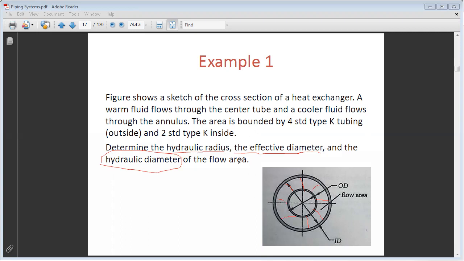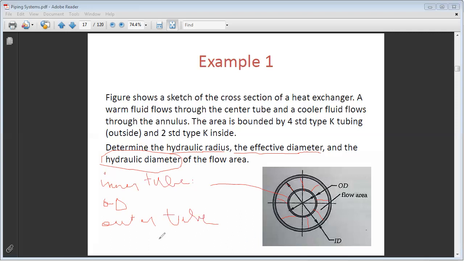We will use them to find the characteristic lengths for the following annulus. To be able to calculate these characteristic lengths, we need to know some dimensions. So for the inner tube, what should we know? Which characteristic do we need for our calculation for the inner tube? Since you need the flow area in between these two tubes, for the inner tube you need to determine the outer diameter OD, while for the outer tube we need to find the inner diameter ID.